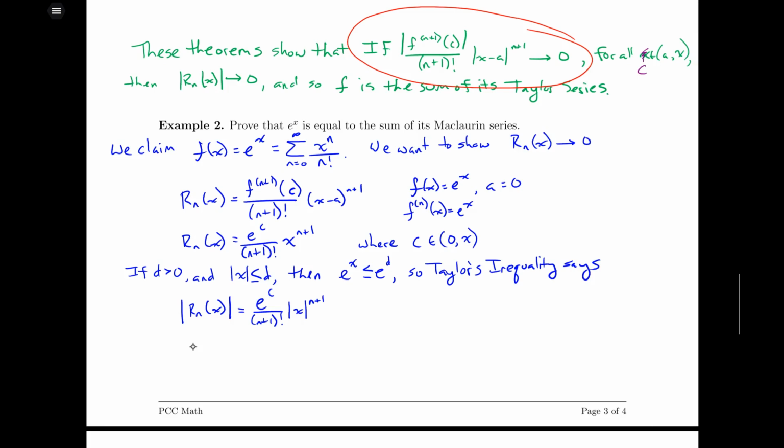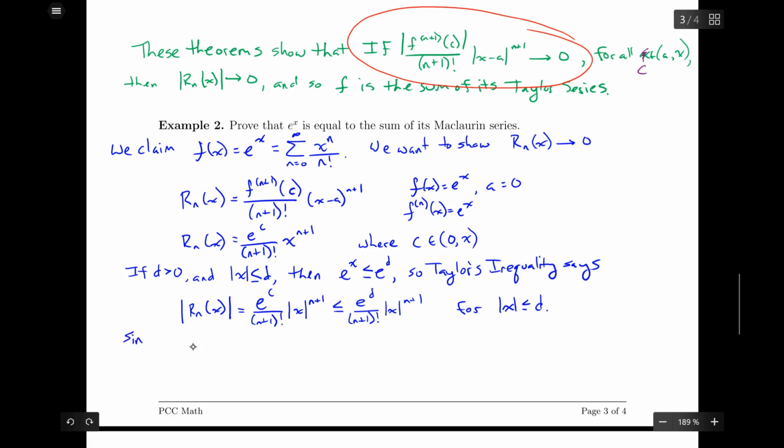Now, this is less than or equal to e to the power of d, because e to the x is less than or equal to e to the d, and c is a value of x. So e to the d over n plus 1 factorial times the absolute value of x to the n plus 1. This is true for all x with absolute value of x less than or equal to d.